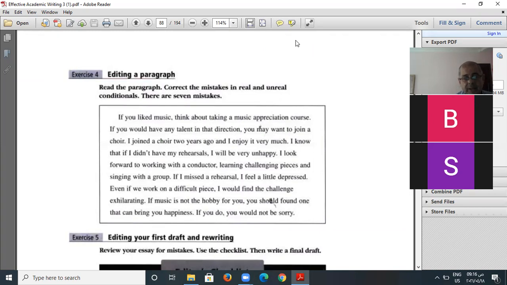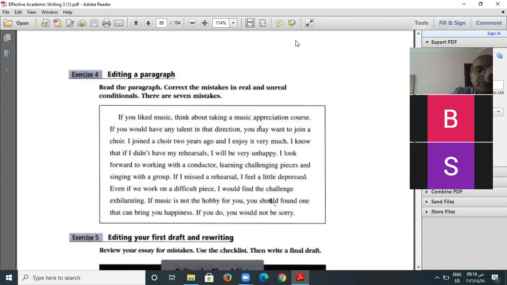If I missed a rehearsal, I feel a little depressed. How can we make this correct? It becomes if I miss, in simple present, because it's real. We are talking about simple past here. Okay.